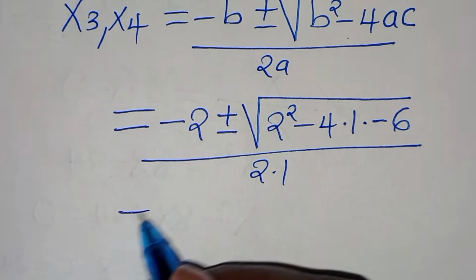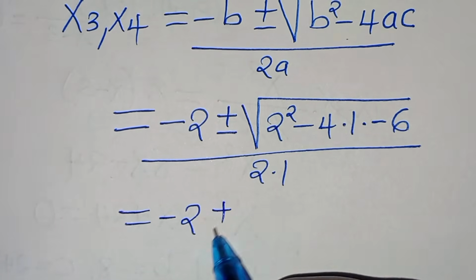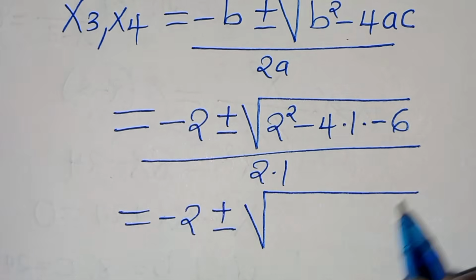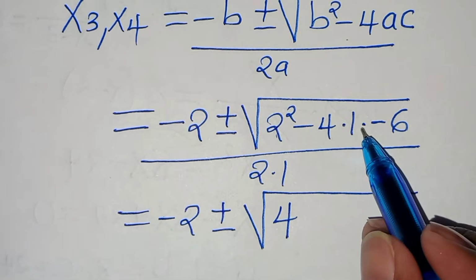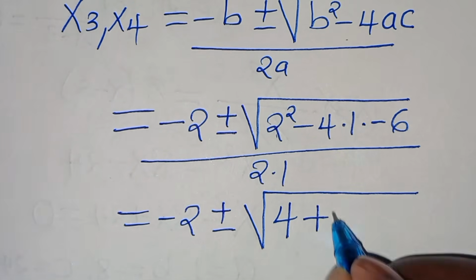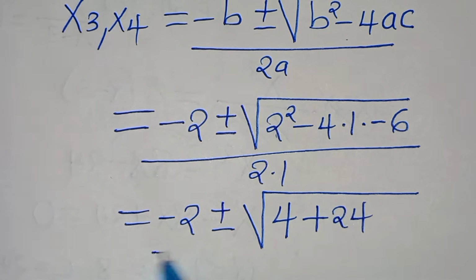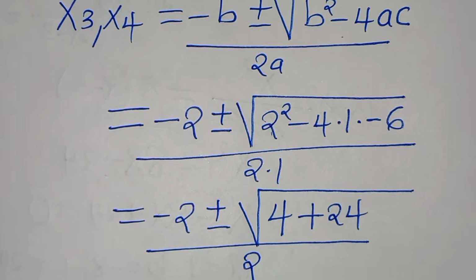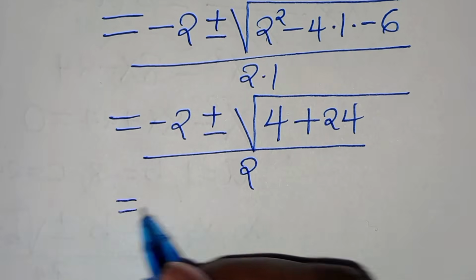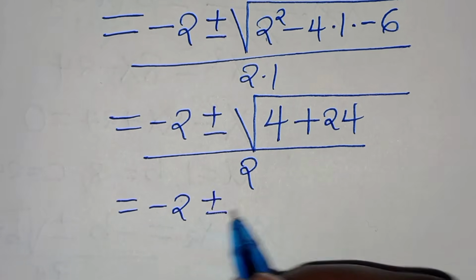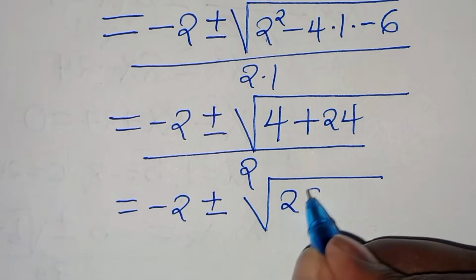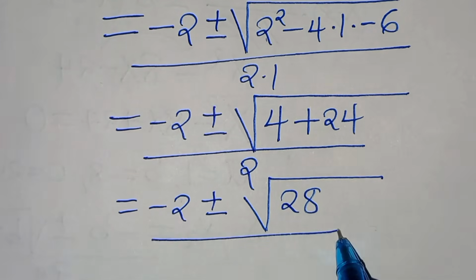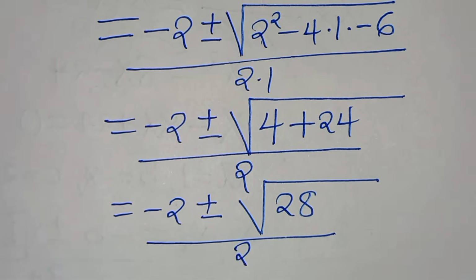So here we have minus 2 plus or minus the square root of 2 squared, which is 4. Then minus 4 times minus 6. This is plus 24. Everything here divided by 2. So we have minus 2 plus or minus the square root of 4 plus 24. This is square root of 28 divided by 2.